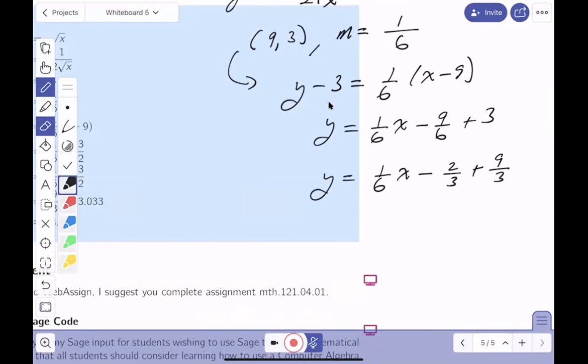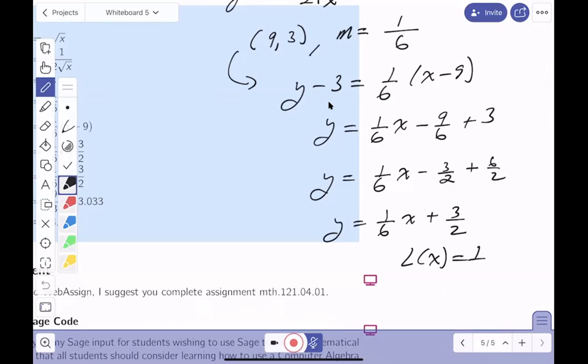Let me go backwards. Sorry about that. So that's going to be minus 3/2, plus 3 would be 6/2, right? So y equals 1/6 of an x plus 3/2. Right, this is the linearization, provided I didn't make a mistake.